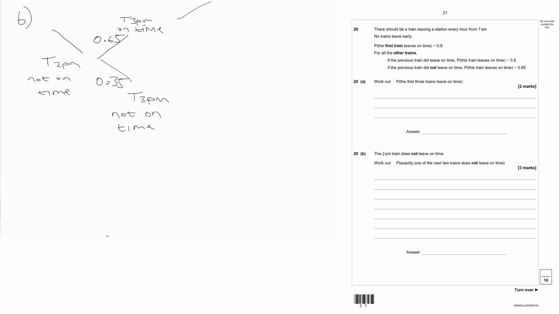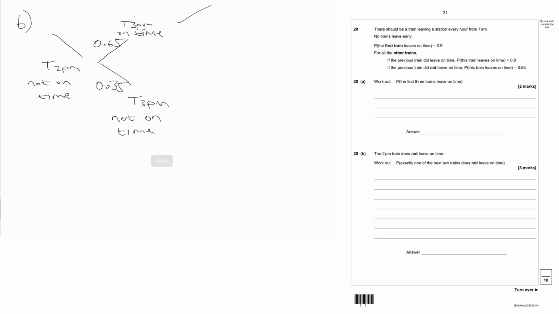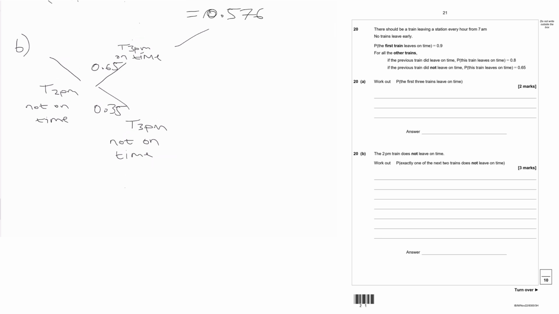So if we go up here, we only need one of the next two trains not leaving on time. So, in fact, give a bit more space. So here we've got our train at 4 p.m. on time. And this is going to be 0.8.